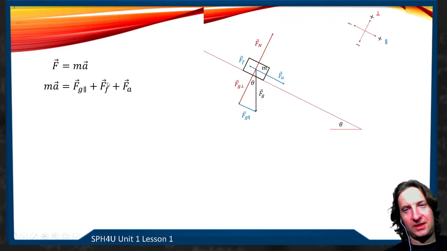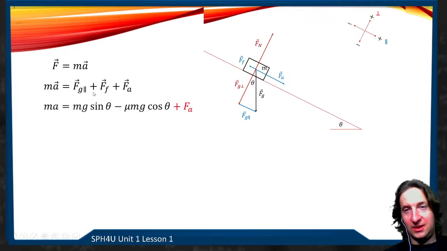Again, I put a plus, but that will be really a negative. And the applied force is again pulling down. So when I replace my values in the same way, I have again force of gravity, that's going to be the opposite side. So that's going to be mg sine theta. The perpendicular part will be Fg cos theta, but then I'm going to multiply by mu again to get my friction.